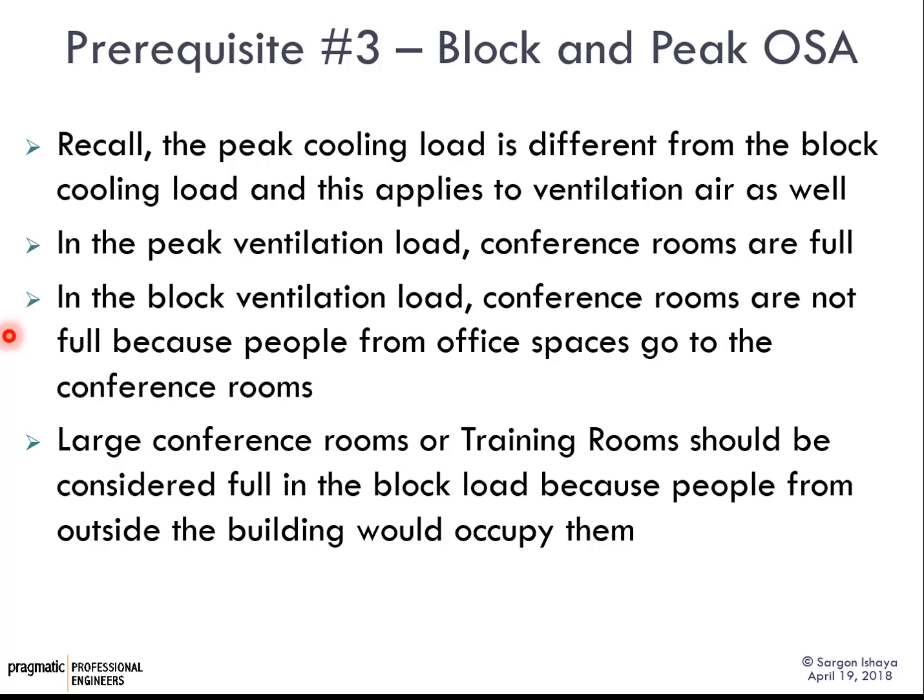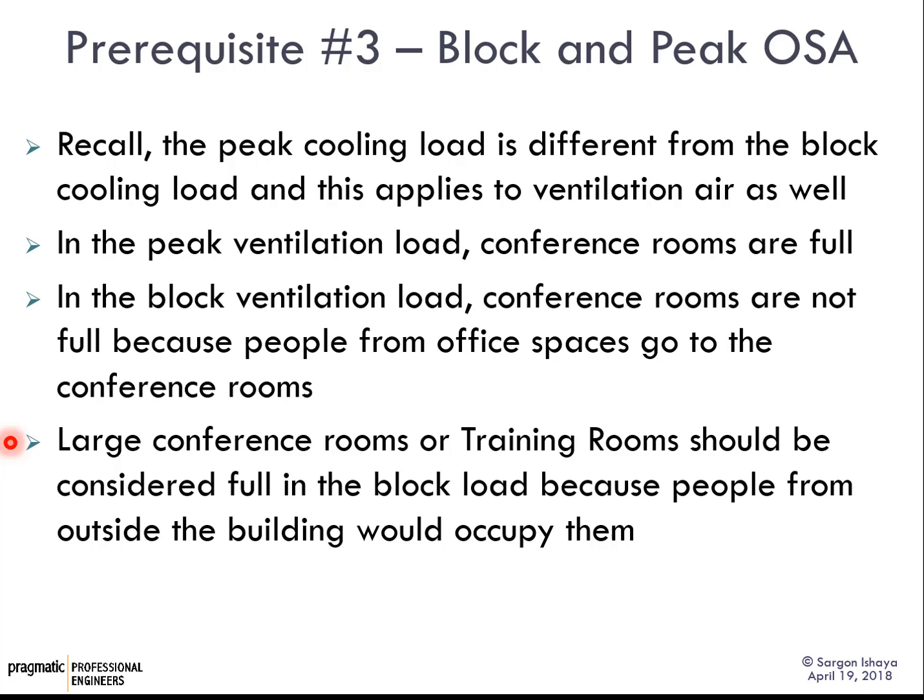And again, just like in the cooling load scenario where we create two alternatives, we do the same with the ventilation scenario. Large conference rooms or training rooms should be considered full in the block load because typically in a training room scenario, for example, people like in a classroom in a university, the students who occupy the desks do not have offices within the building.